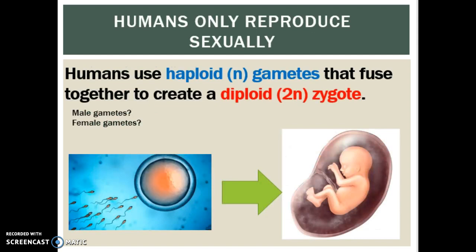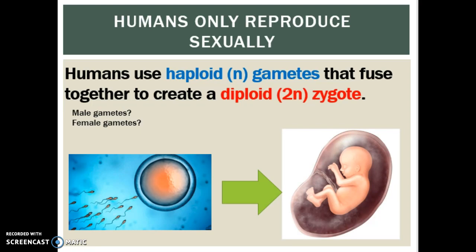Humans reproduce sexually. They use haploid gametes that will fuse together to create the diploid zygote. Do you remember what the name is of the male gametes? What about the female gametes?